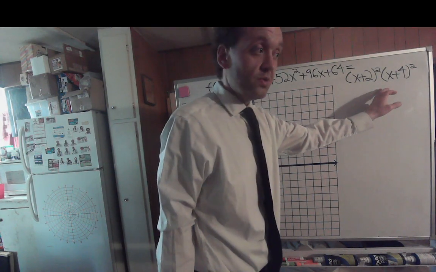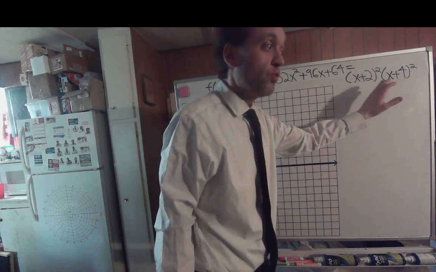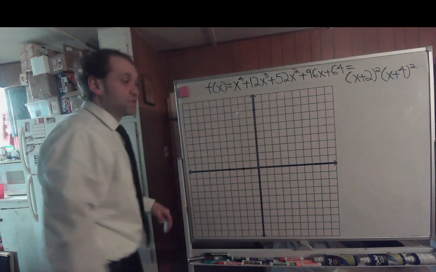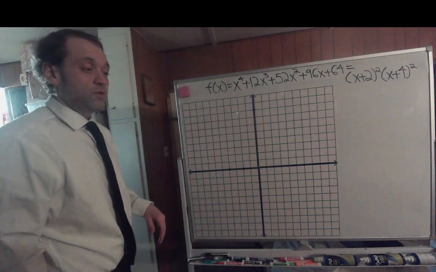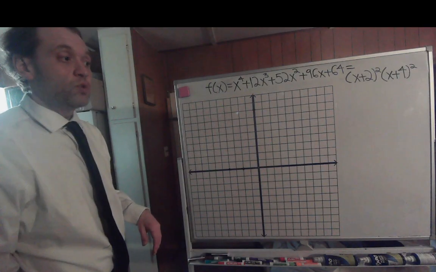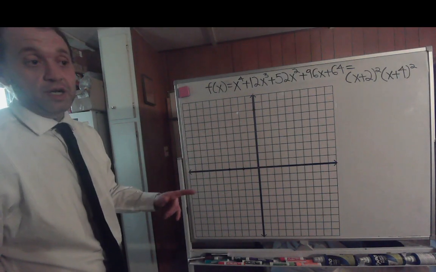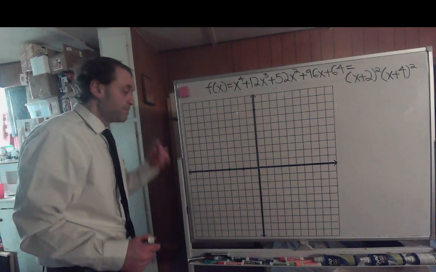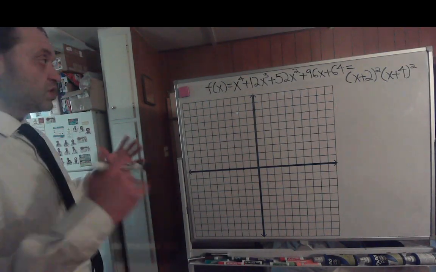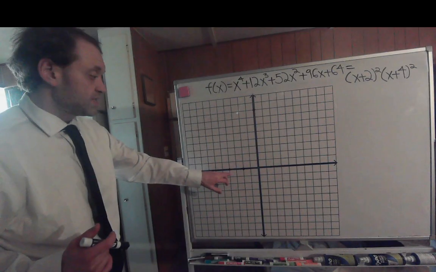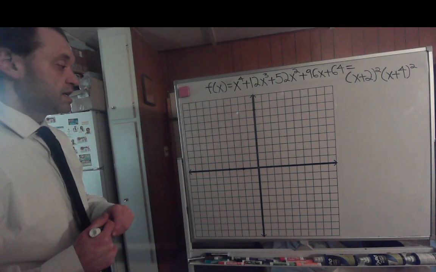So you have a total of 4 zeros because it's the 4th degree, and all 4 zeros are real numbers. They're real. So since you have 4 real zeros, that means that you're going to have exactly 3 turning points in this case.